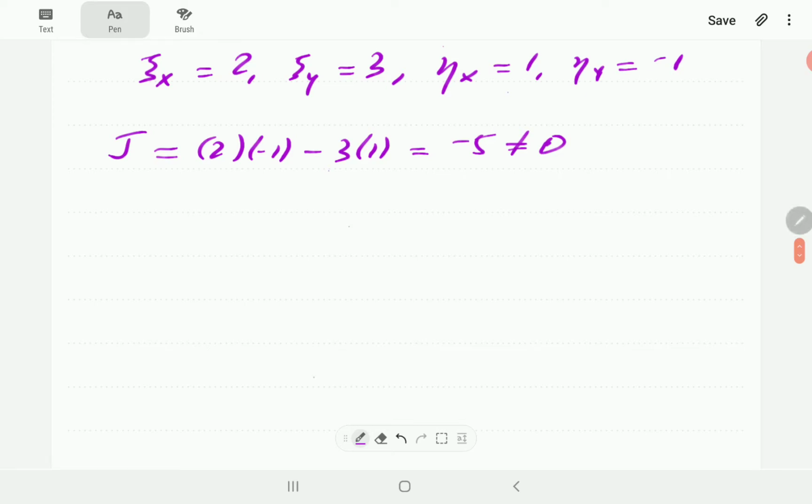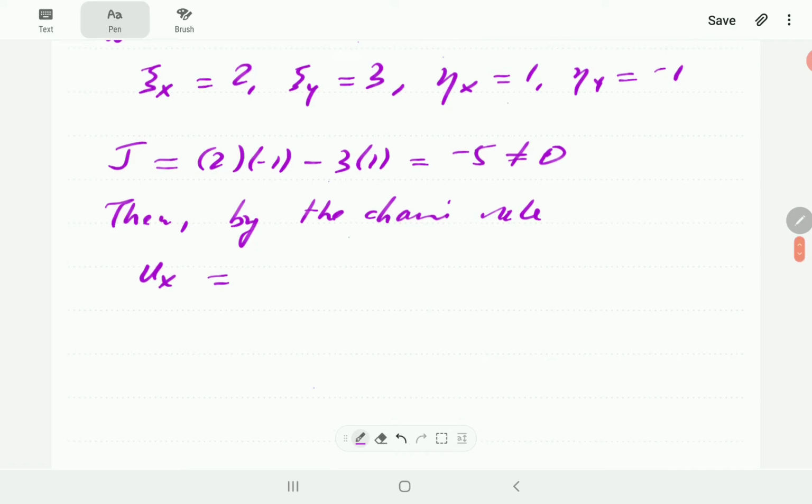Okay, so then using the chain rule, u_x is going to be 2 times u_xi. The 2 is the derivative of xi with respect to x.